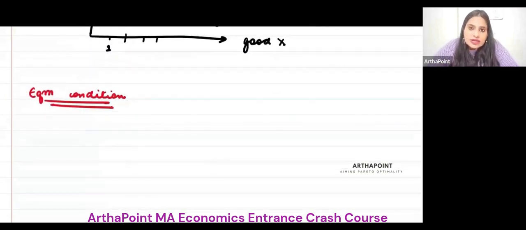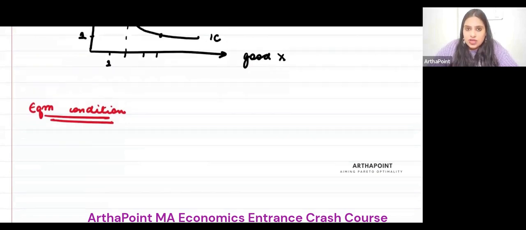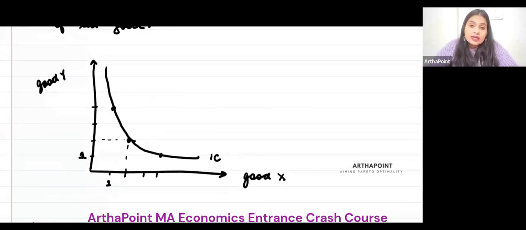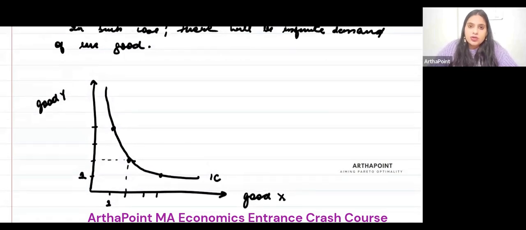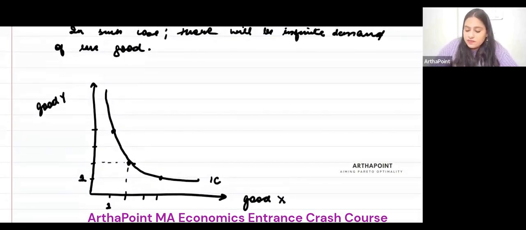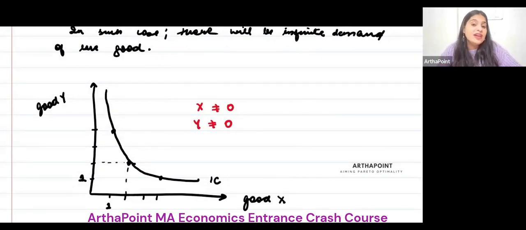For this typical Cobb-Douglas function, note that in this case, this Cobb-Douglas utility function, we cannot have X equal to 0, neither can we have Y equal to 0. This is the case where both the goods are equally important. Just consuming one good will never fetch me any level of utility.